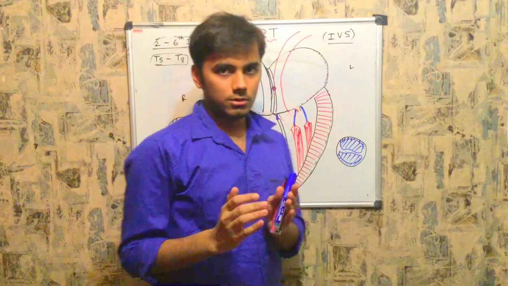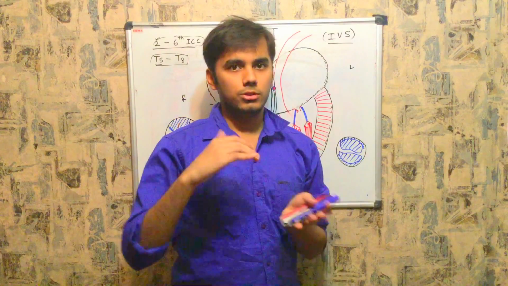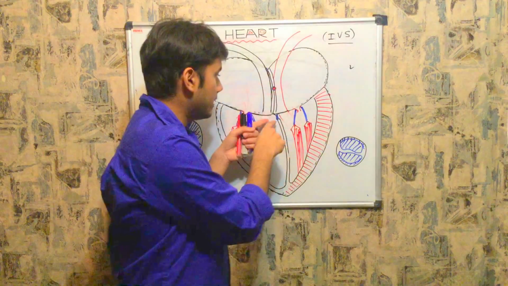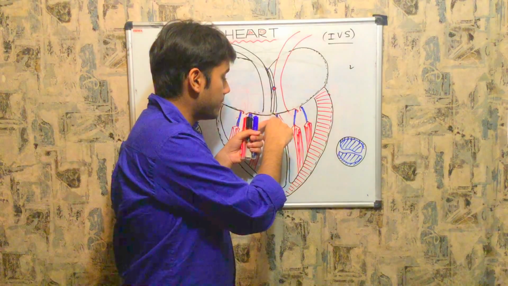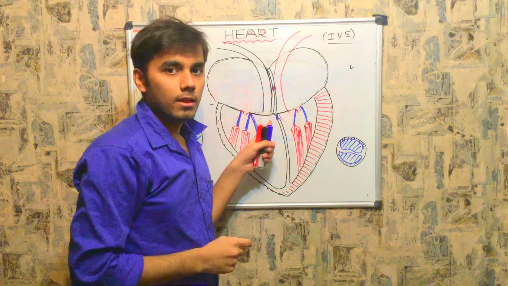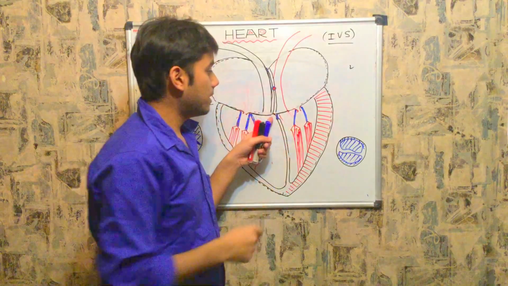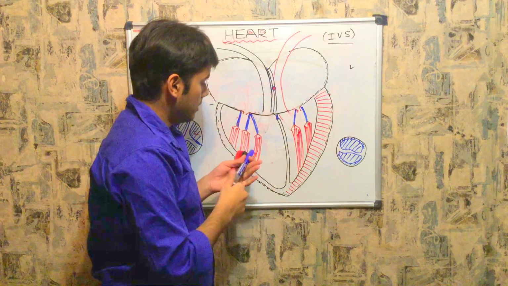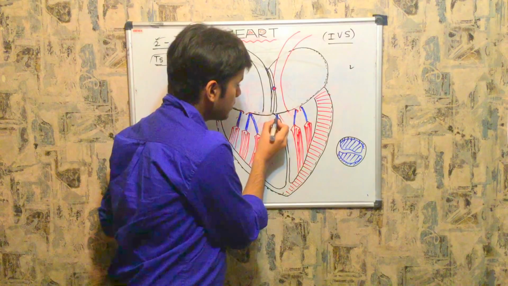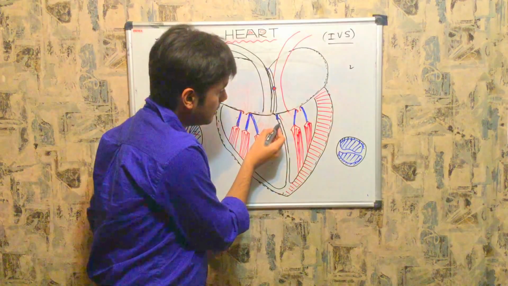For some children, during fetal life, this interventricular septum, after parturition, must be closed. This is the membranous part of your interventricular septum, and this is the muscular part.